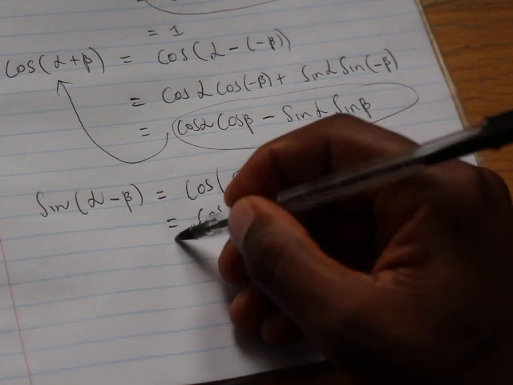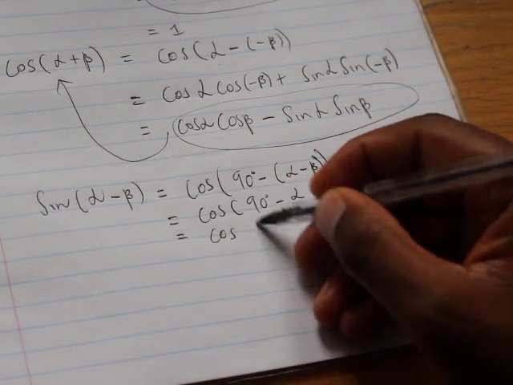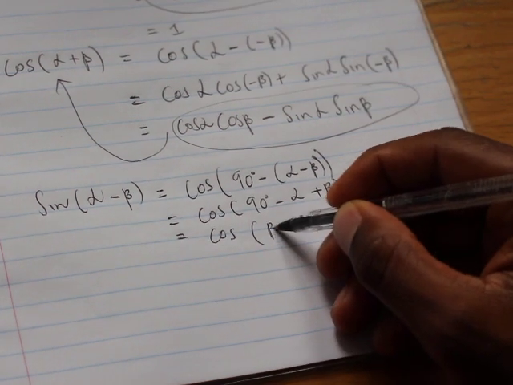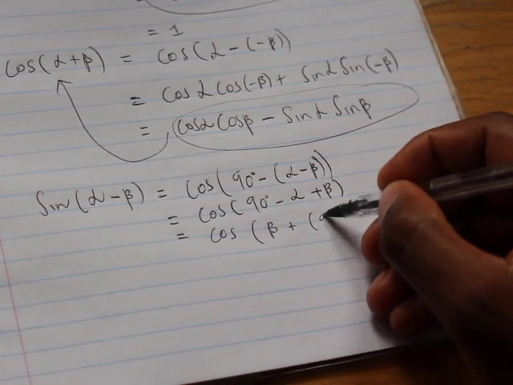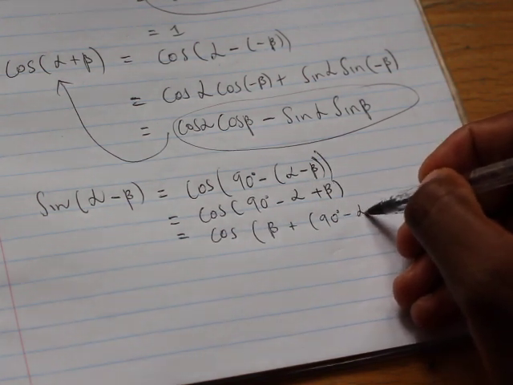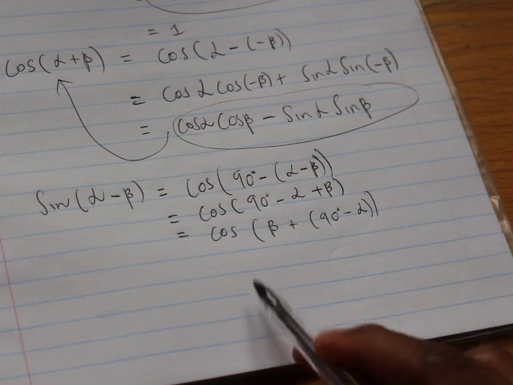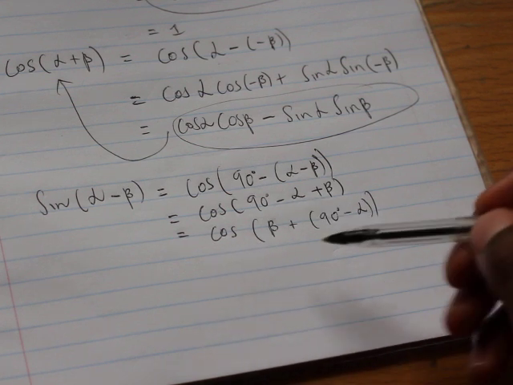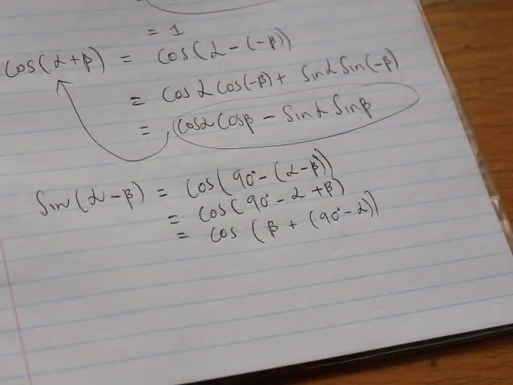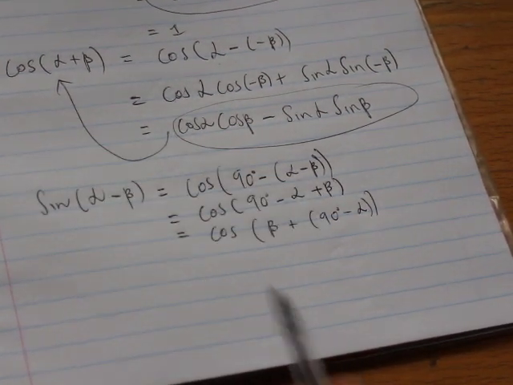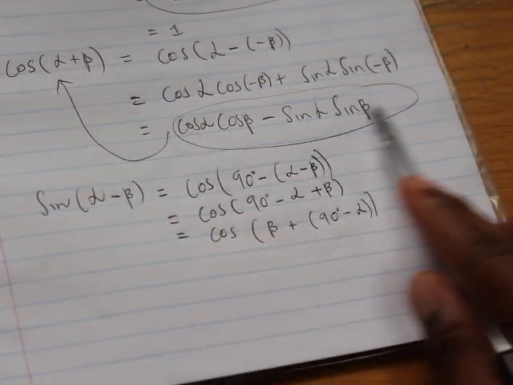So cosine of beta plus 90 degrees minus alpha. There we go. Now the cosine, which has got a plus, is actually that one, and its expansion is like that.